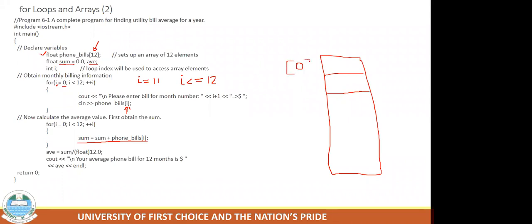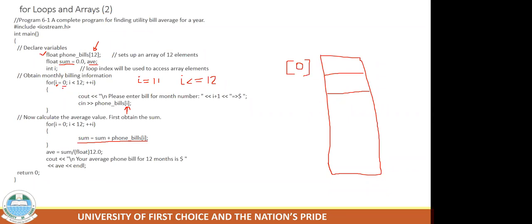Because as we created this array, just envisage we are having 12 boxes. The first box has the index of 0, so it will be form bill position number 0.